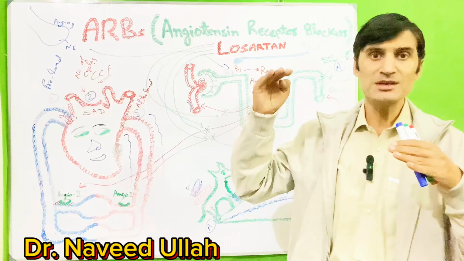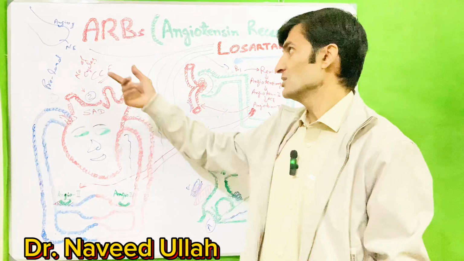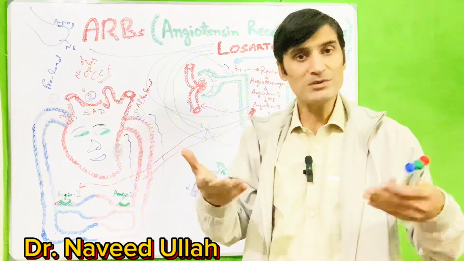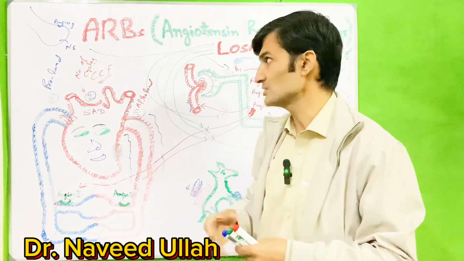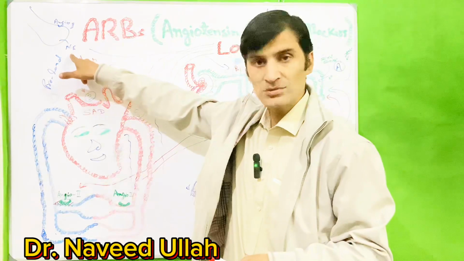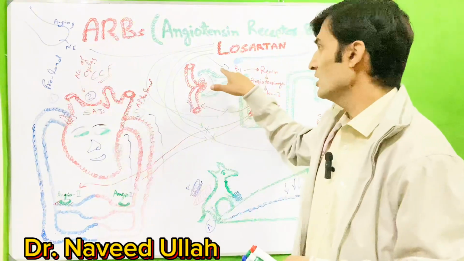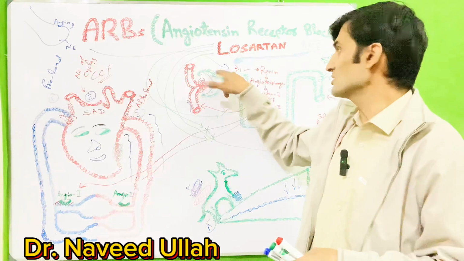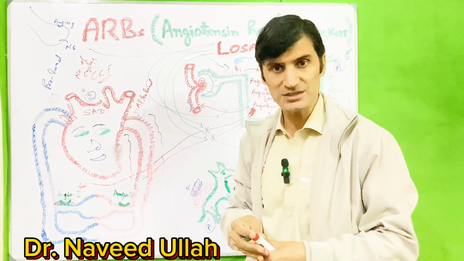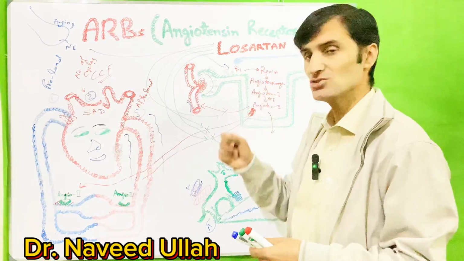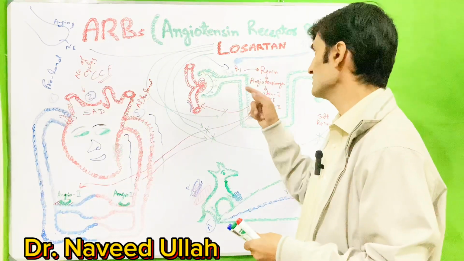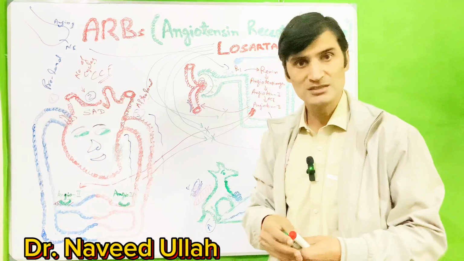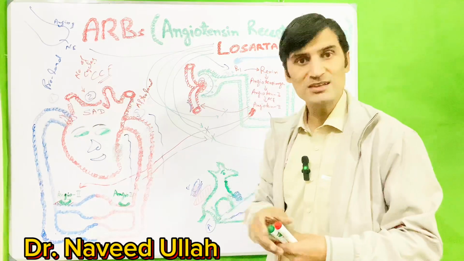Sometimes one will be dominant, sometimes the other. Norepinephrine is released each and every time, sometimes in small quantity, sometimes in large quantity. What will happen with this norepinephrine? It will act on beta 1 receptors of the juxtaglomerular apparatus, causing stimulation of these beta 1 receptors, which will cause synthesis and release of renin.